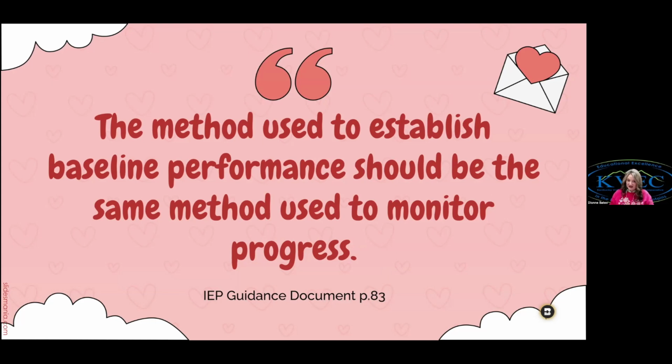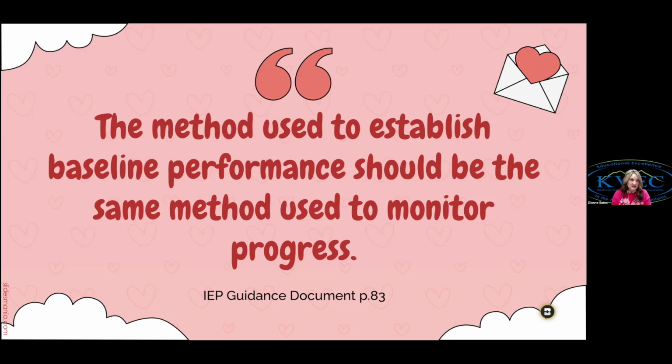So if I said on the previous slide that we were using this math probe, then when we write that goal for that student and do progress monitoring, we're going to use math probes. It should match, right? It's always got to match. However we establish baseline, we want to match that.